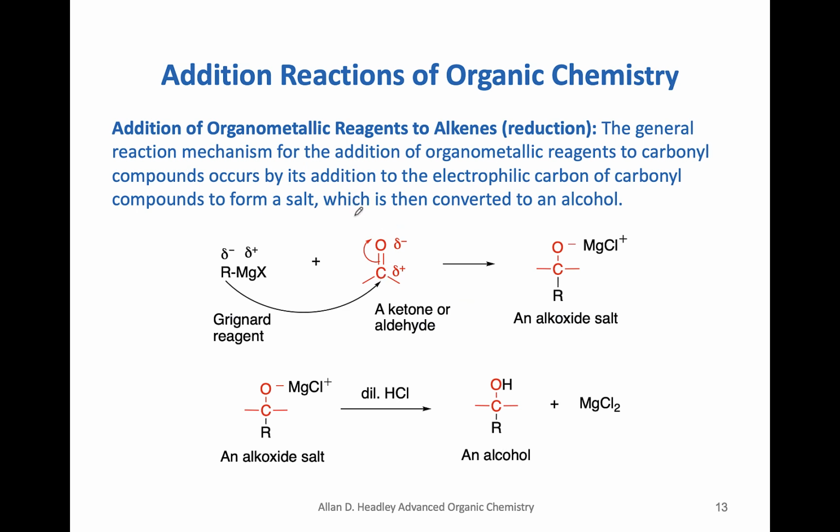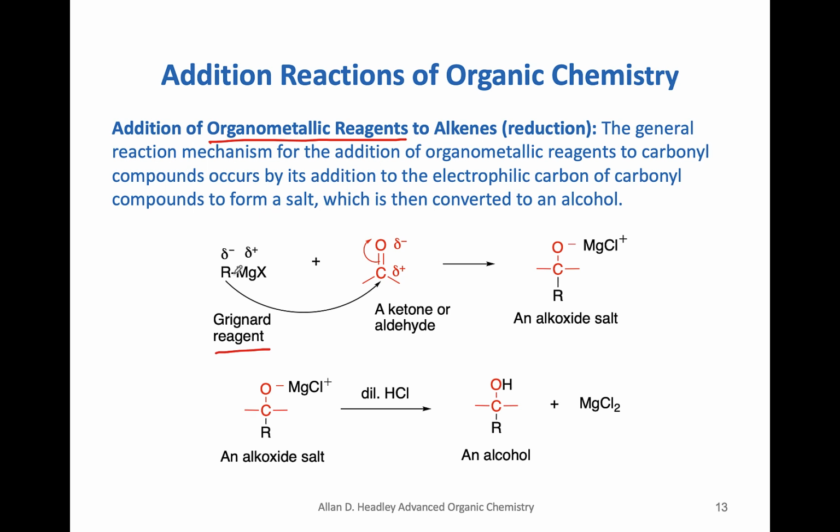Let us turn our attention now to look at the addition of organometallic reagents. You will recall that a very common organometallic reagent is the Grignard reagent. Let's see what's the difference here between the previous reagents we've looked at. This is RMgX.